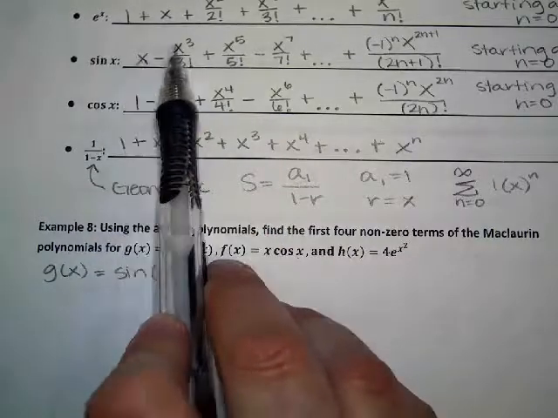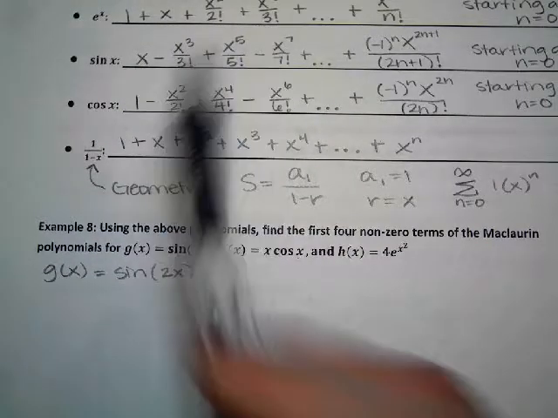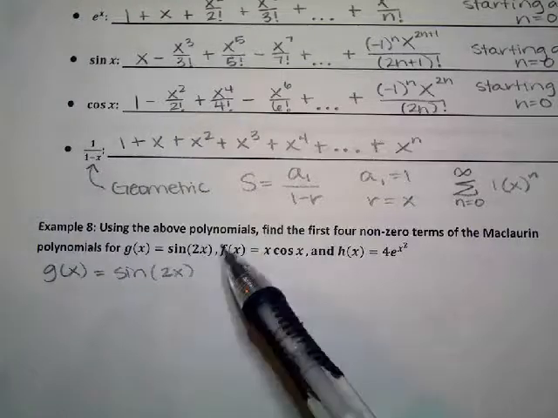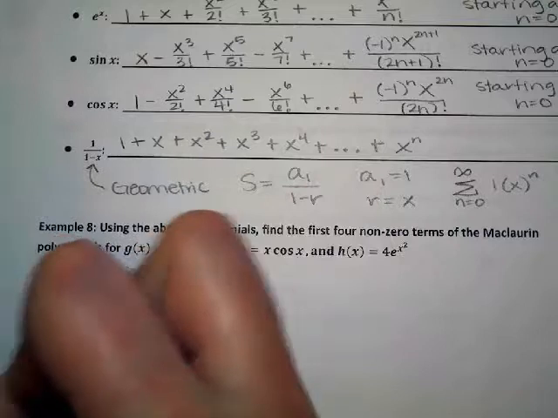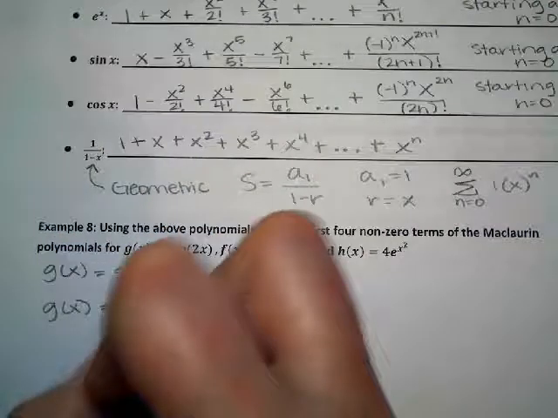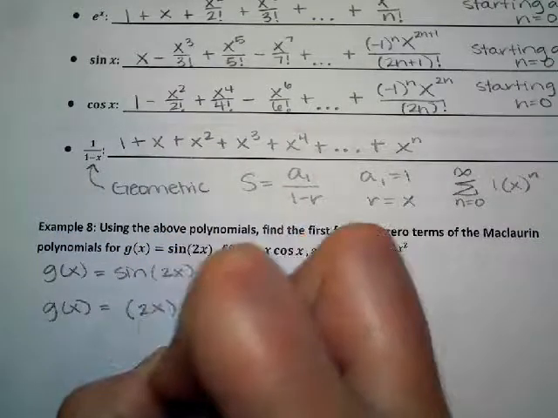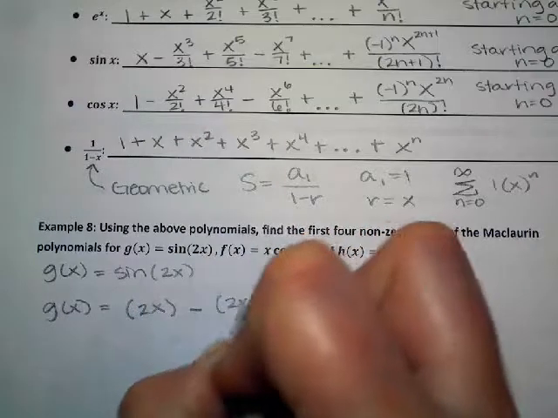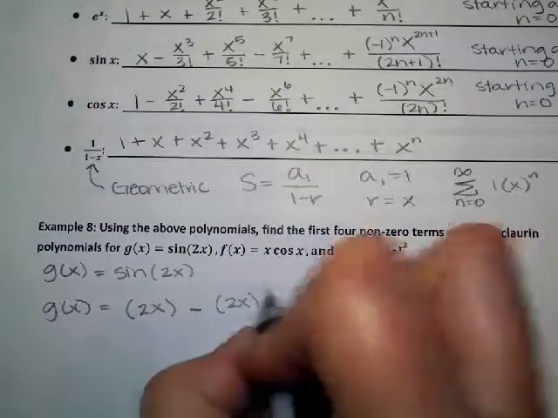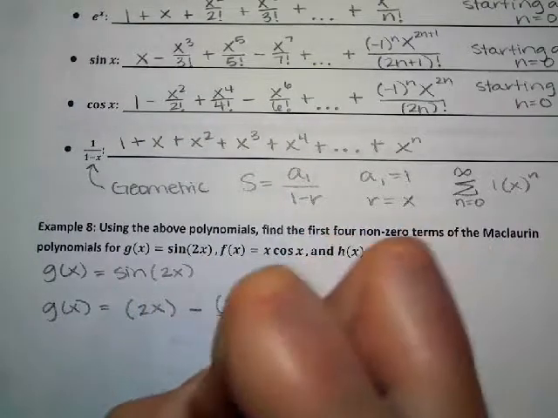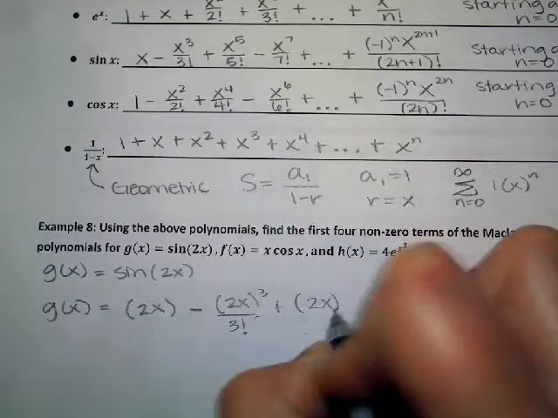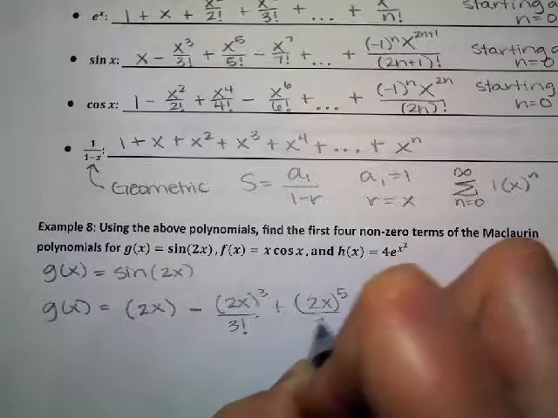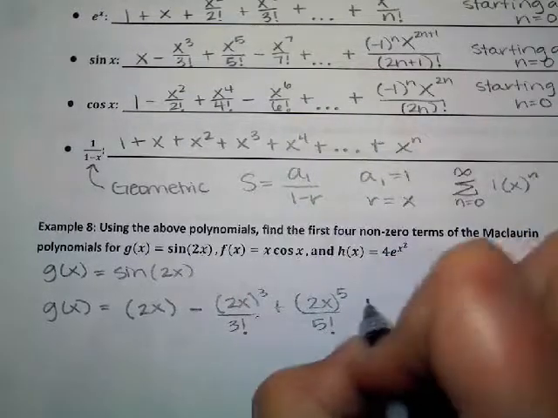Okay? So g of x is 2x minus 2x to the third over 3 factorial plus 2x to the fifth over 5 factorial minus 2x to the seventh over 7 factorial.